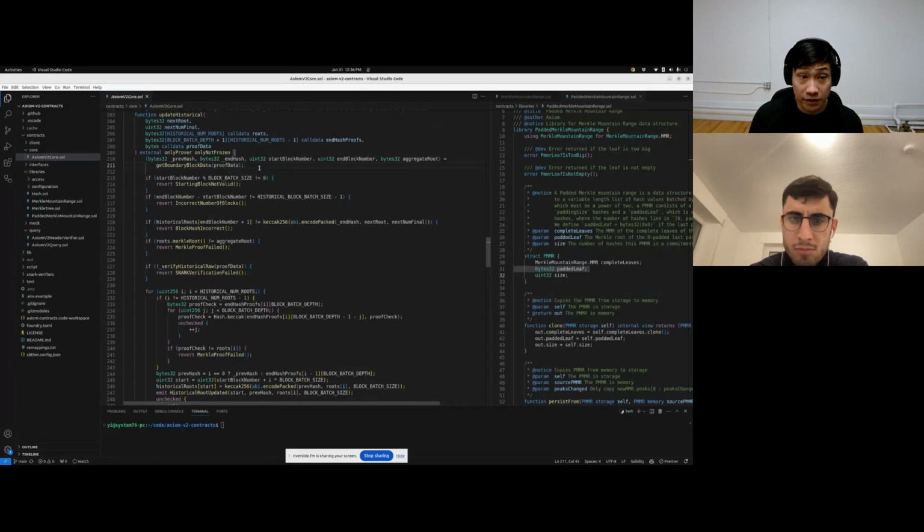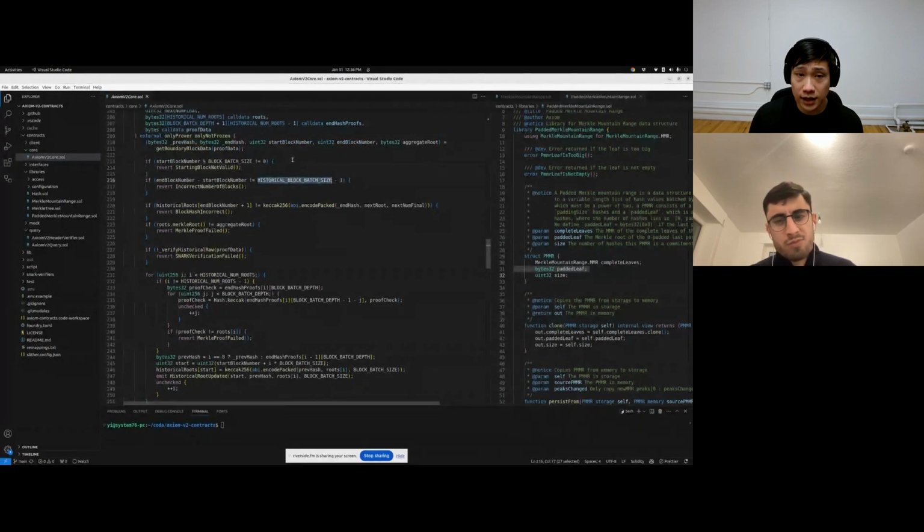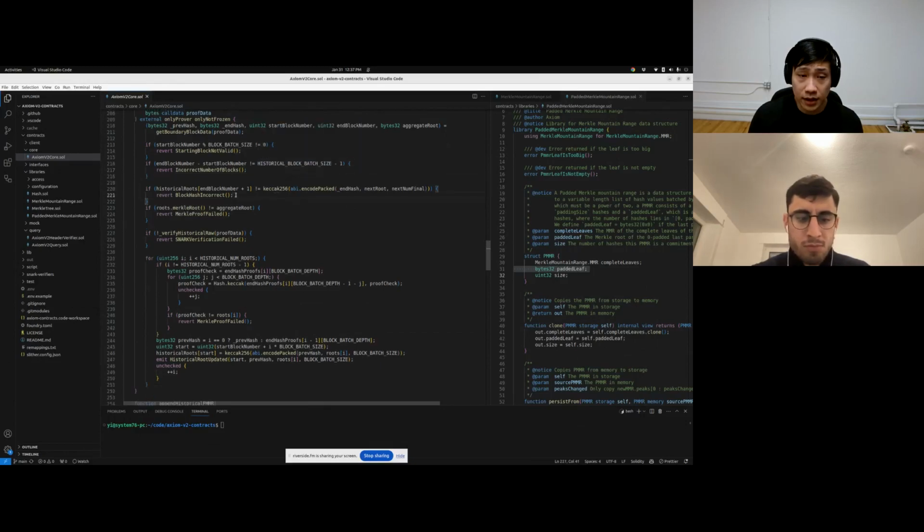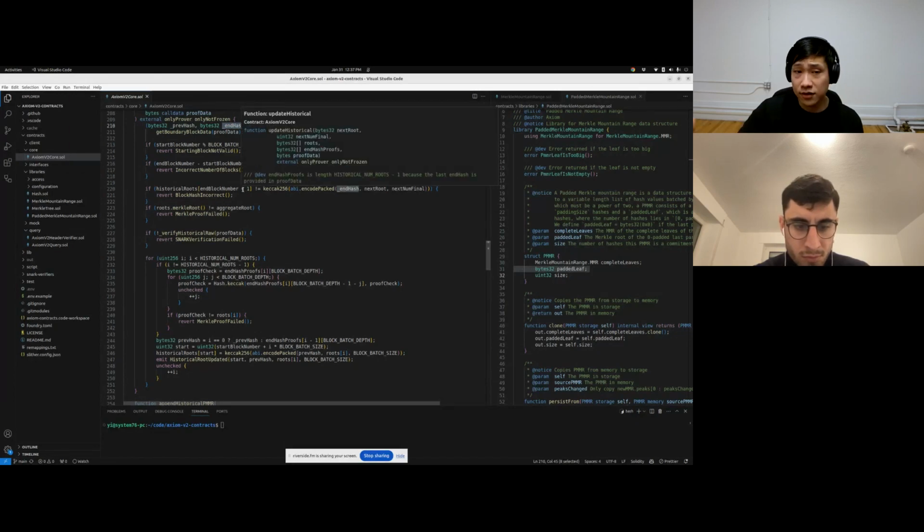We do quite a bit of validation to check that this is actually the format we're expecting. So we check that we are at a multiple of 1024 for the starting block. The number of blocks that is claimed is what we expect. That the end hash that we're actually looking for connects to the string of historical roots we've already proved.